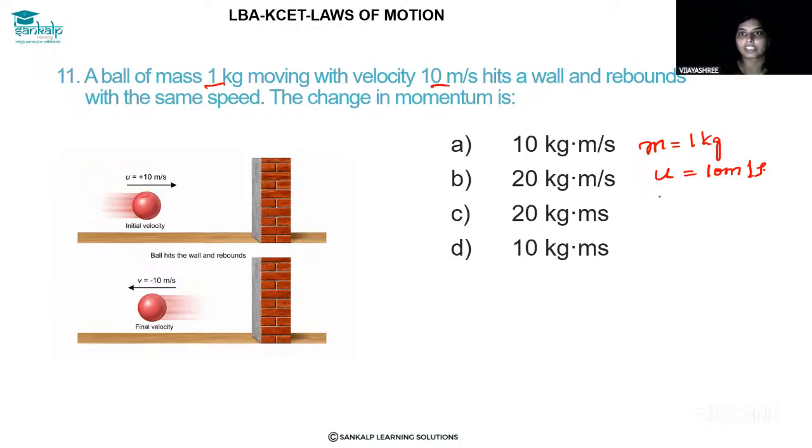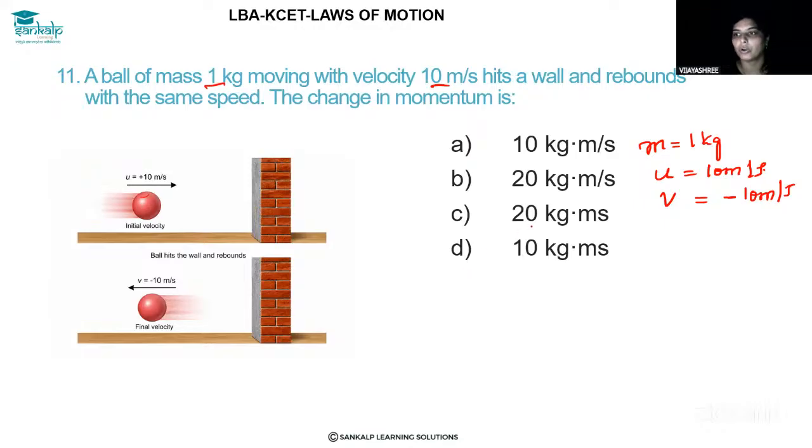So the final velocity will be minus 10 meter per second. Why have I taken minus 10? Because rebounds means the direction will be opposite to the initial direction. So the numerical value is the same, but the direction is different for the final velocity. Initial velocity is plus 10 meter per second, final velocity is minus 10 meter per second, because the ball hits the wall and rebounds.